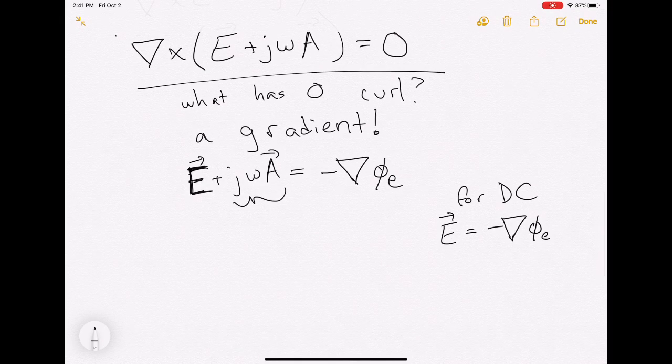So if we take that and put that back into what we were doing with Ampere's law before, now we're going to have the same left-hand side as before.